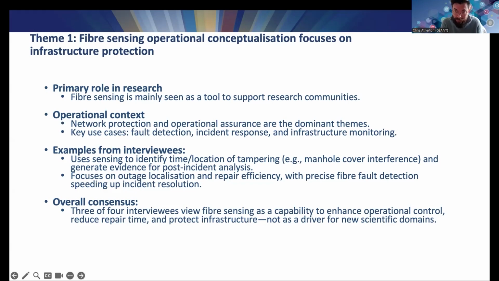Some of the examples that people gave for this were things like identifying a time or a location if someone was opening a manhole cover, and generating evidence for post-incident analysis. But like I said before, it's about outage localization, repair efficiency, and precise fault detection, so that they can speed up incident resolution. 3 out of the 4 interviewees suggested this, so we think that's quite a strong driver.